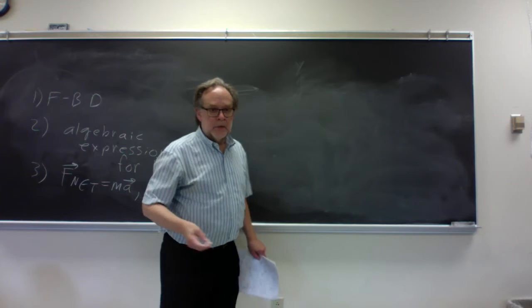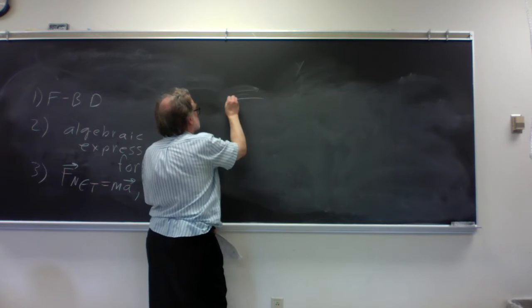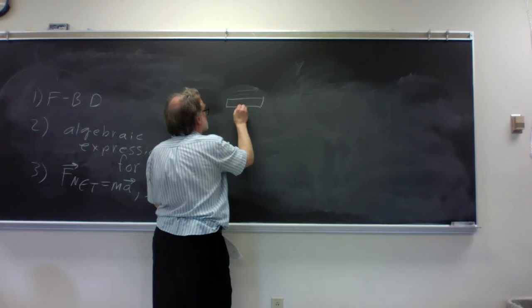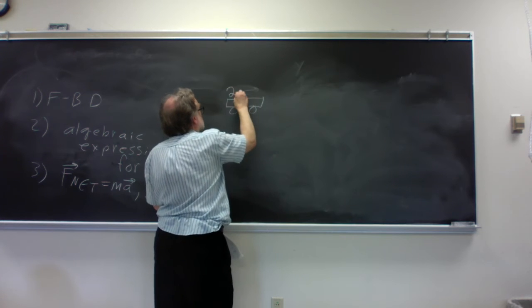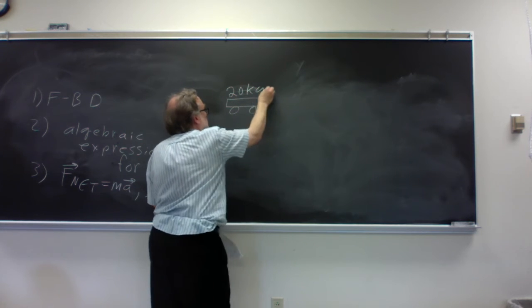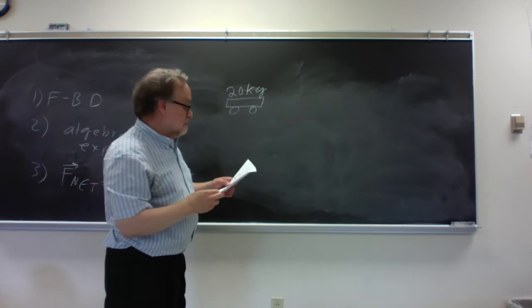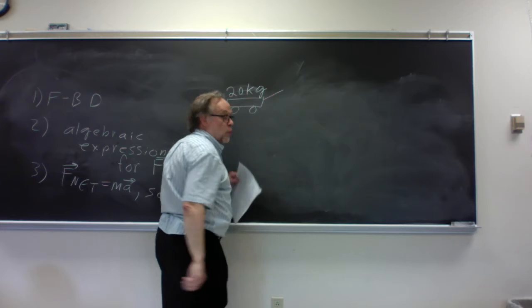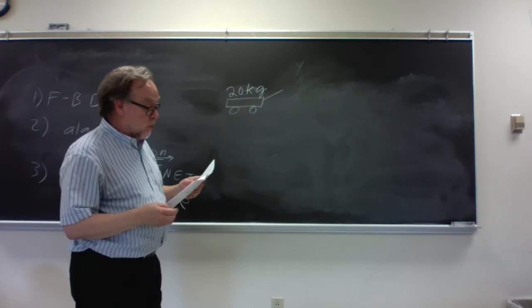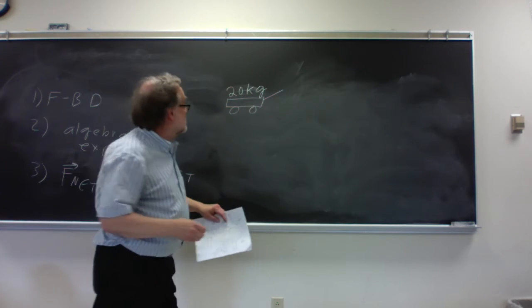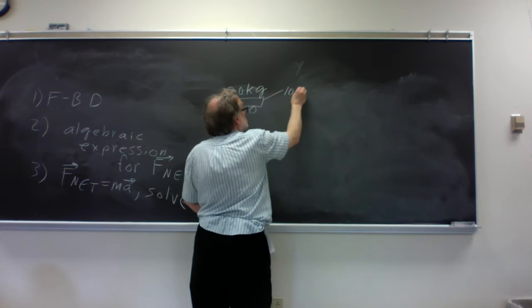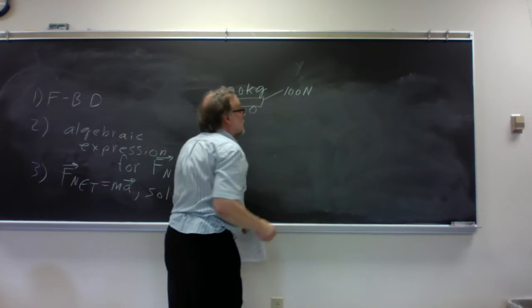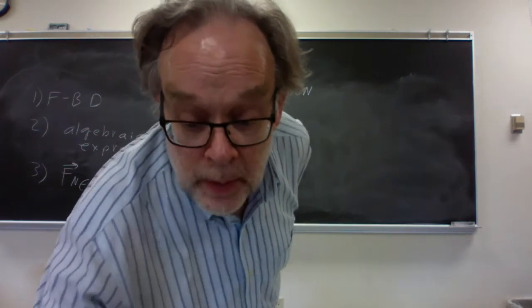Okay, so I'm pulling a wagon. And the mass of the wagon is 20 kilograms. And the handle of the wagon is pointing that way, and I'm pulling on it. 100 newtons of force for my pull.